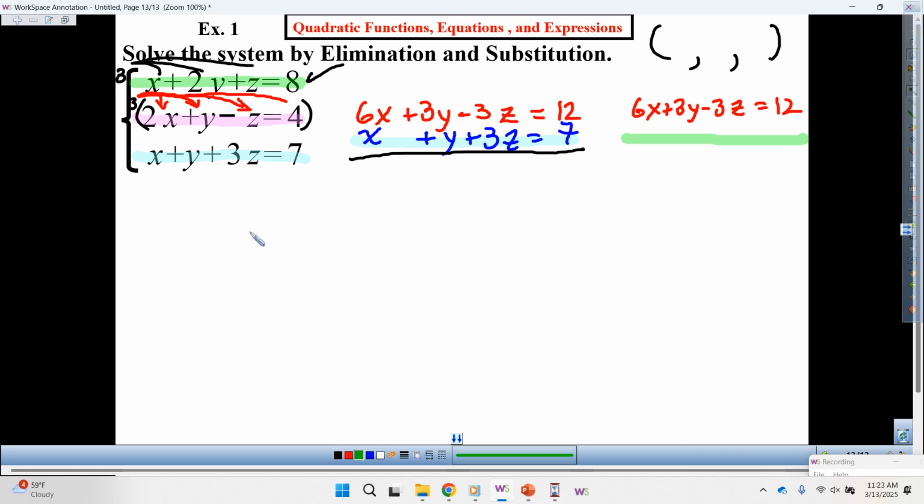So here we go. I'm going to write that in green. 3 times x is 3x. 3 times 2y is 6y. 3 times z is 3z. And 3 times 8, that's 24.